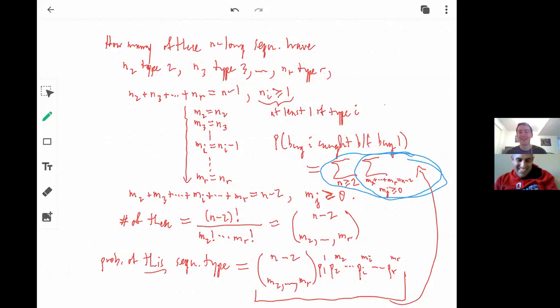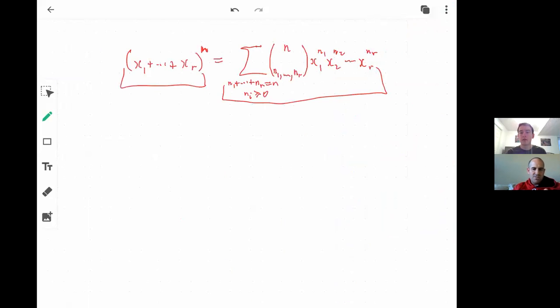I think there's probably a way to simplify this sum. If I have that sum going from 2 to infinity, that would be p2 all the way up through pr raised to the n minus 2. Are you serious? Is this thing going to collapse?